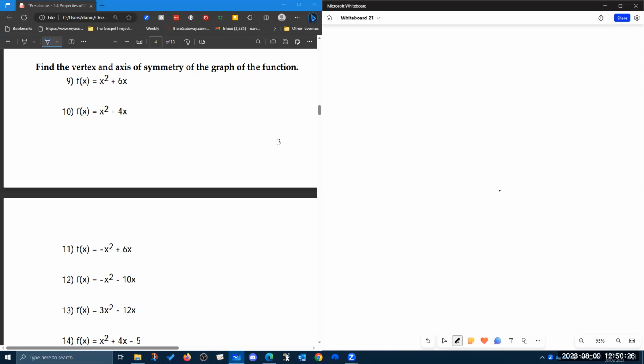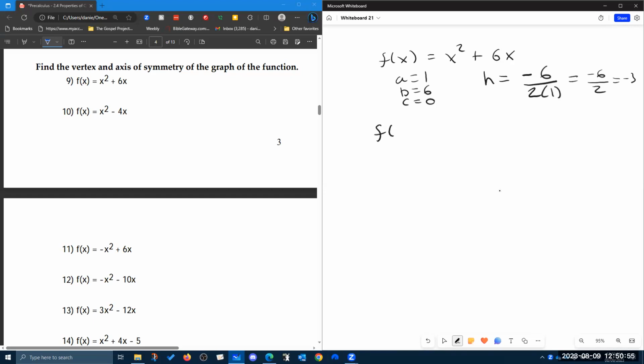So number 9 on my worksheet says f of x equals x squared plus 6x. My a is 1, my b is 6, and my c is 0. So my h is going to be equal to negative b over 2a. That's negative 6 over 2, which is negative 3.